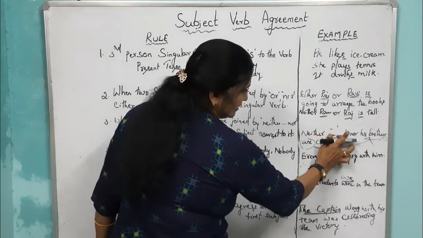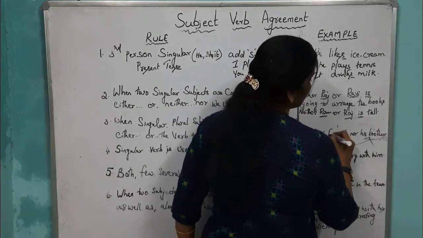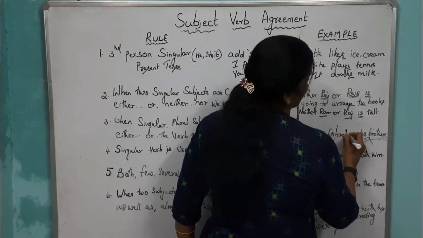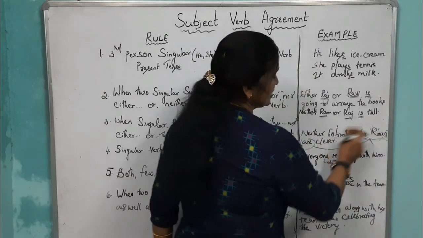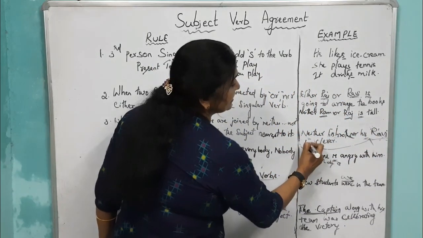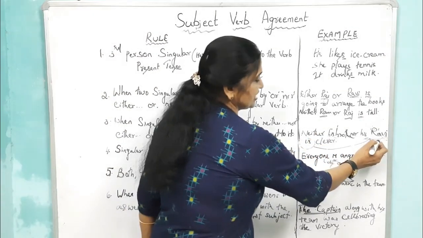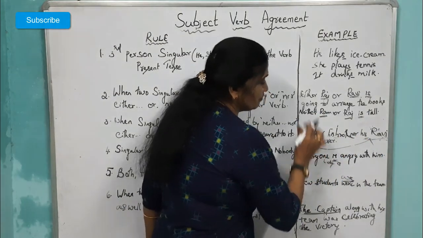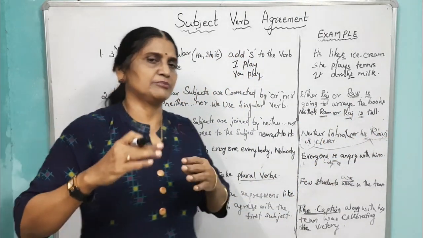Suppose instead of this, I write neither his brothers nor Ravi. If I change like this, what is nearest to the verb? Ravi, which is singular. Then you have to write, he is clever. You understood the difference? Whichever subject is nearer to the verb, the verb will take that form. That means if it is singular, the verb will be singular.